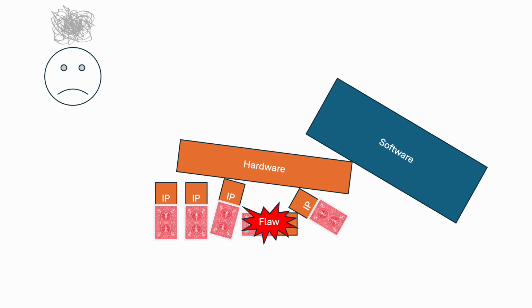Because of this, hardware engineers spend most of their time on verification versus implementing, just because the stakes are so high if you mess up and there's not really a way to fix it.